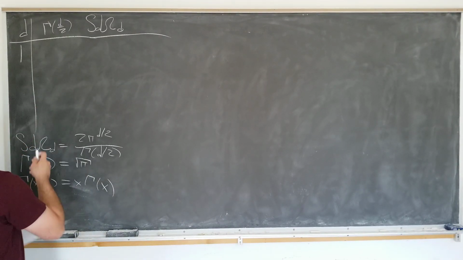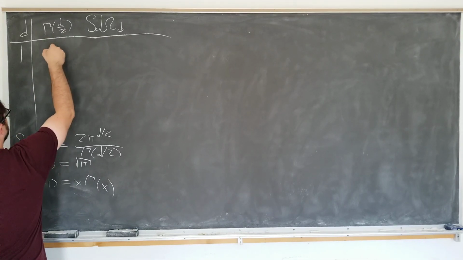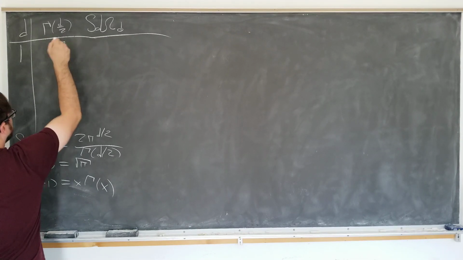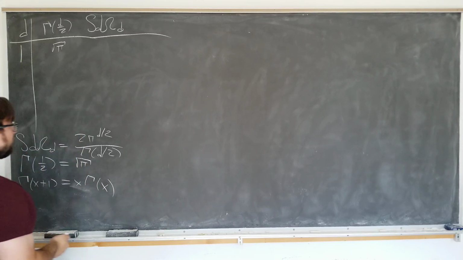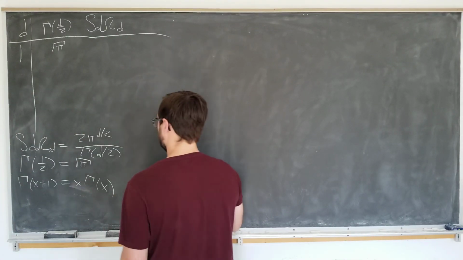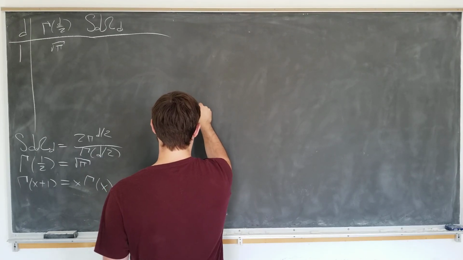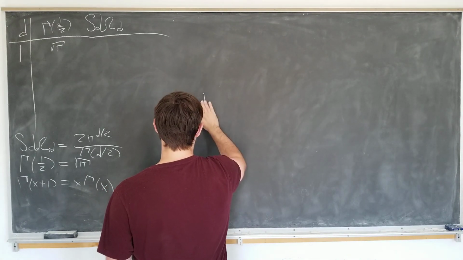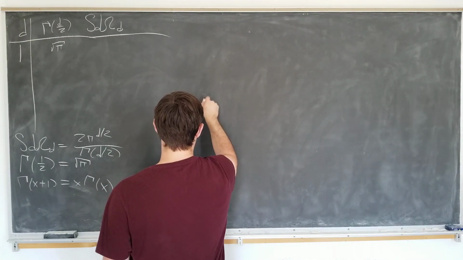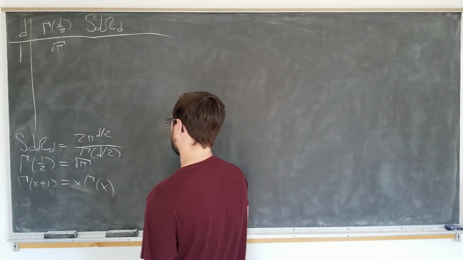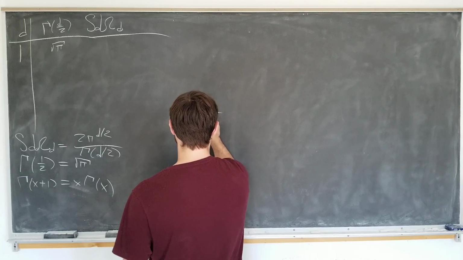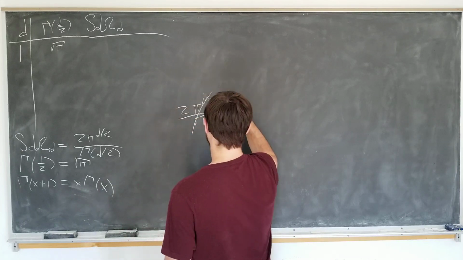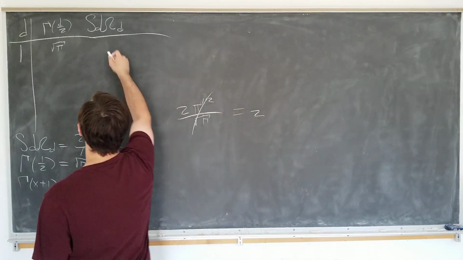So d equals 1, gamma of 1/2 is square root of pi, indicated below. And the integral of d omega d, well, we're just going to take 2 pi to the d over 2 power. D is 1 here. And now we're going to divide by gamma of d over 2, which is square root of pi again. Pi's cancel. This becomes 2.